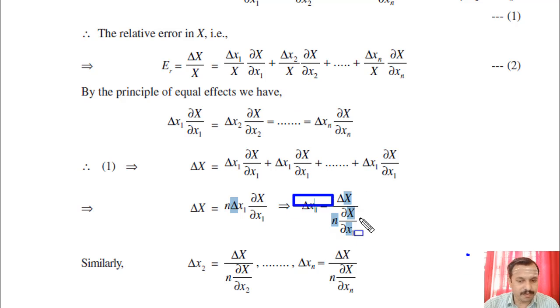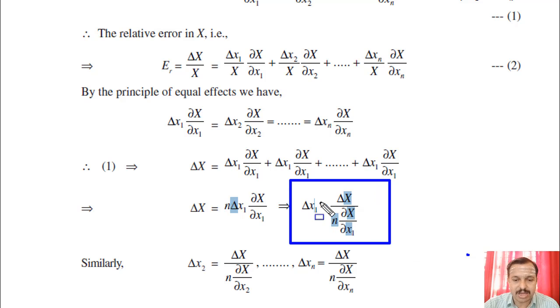We get this particular formula. So now by using this formula, we can get the error associated with the first variable by knowing the total error in the given function. So that we should know. If we know that, we can compute the error associated with the first variable. On the other hand, if we know the error associated with the variables involved, we can compute the error associated with the given function using this formula directly.